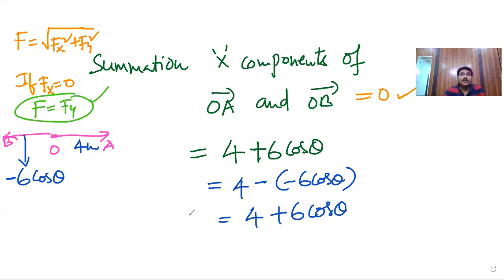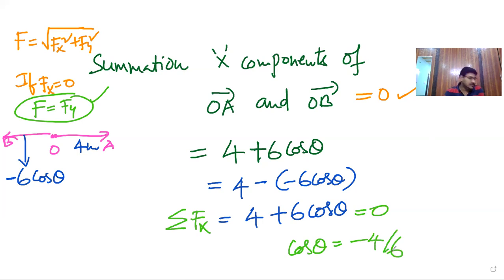So the sum of the components of the force along the x direction is equal to 0. Cos theta is minus 4 by 6, which is equal to minus 2 by 3.